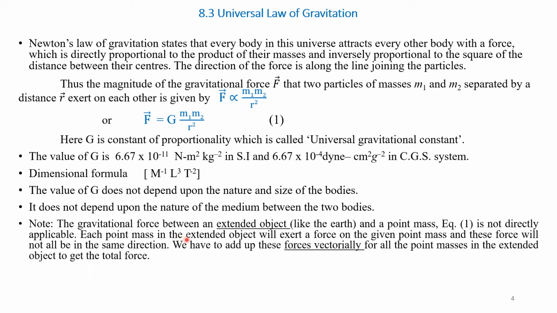Each point mass in the extended body will exert a force on the given point mass, and these forces will not all be in the same direction. So here the direction of force will be different. Hence, we have to add up these forces vectorially. Please underline: we have to add such forces between extended objects and a point mass vectorially for all point masses in the extended object to get the total force.